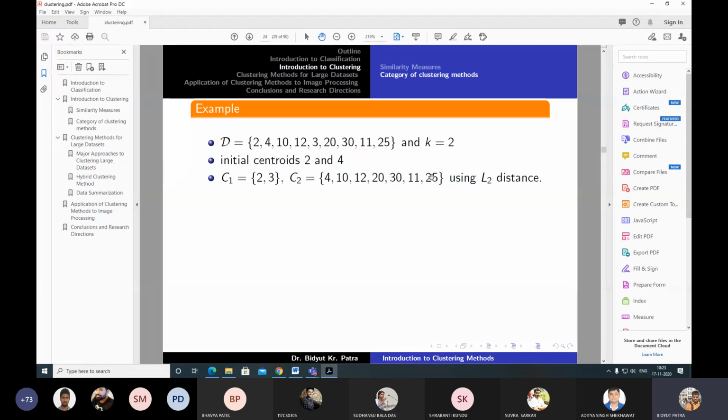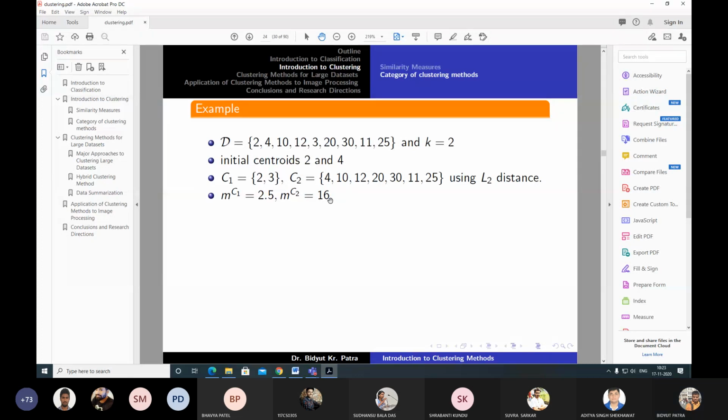Because it is a single dimensional point, you simply add and divide by the number of points. So the average of these 2 points is 2.5, and the average of the other set of points is 16. These are the centroid of the first cluster, C1, and the centroid of the second cluster, C2.